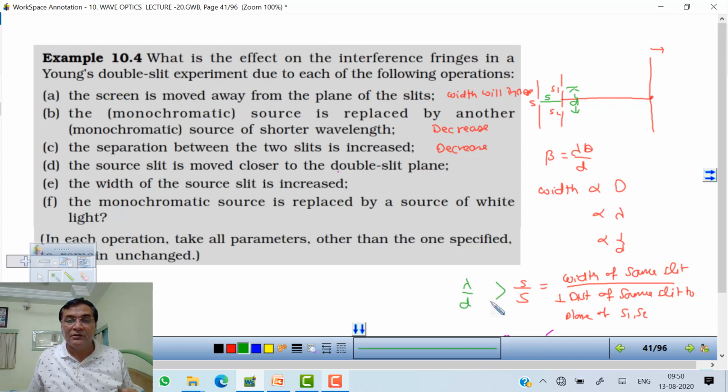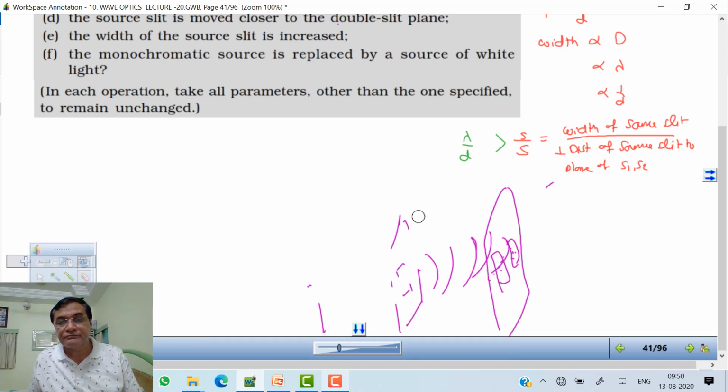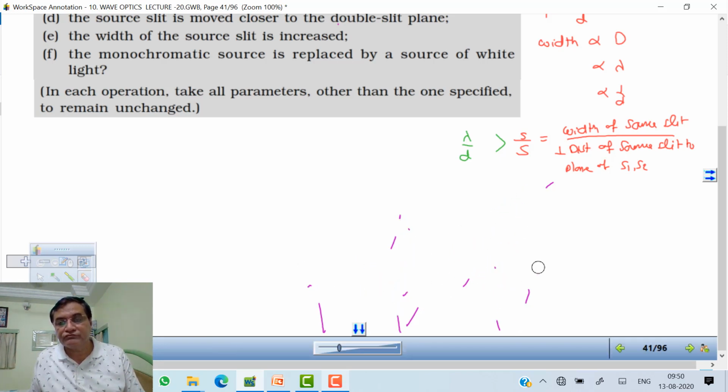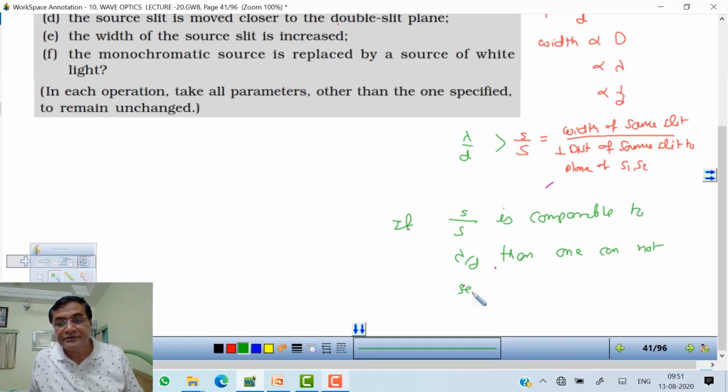Now if the source slit is moved closer and we make S smaller, then s upon S will increase. If small s upon capital S is comparable to lambda upon d, then one cannot see distinct fringes.